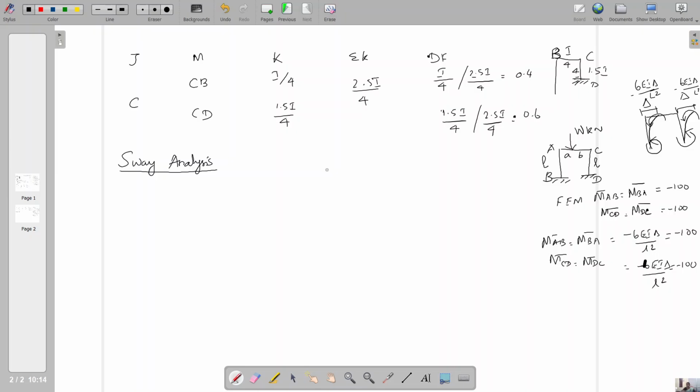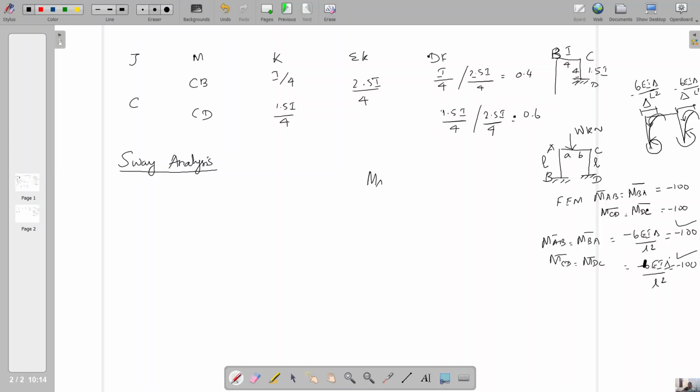In our case, the column lengths are unsymmetrical. One length is 6 meter, another column is having 4 meter. So we can't assume equal value of fixed end moment for the sway analysis. So for that, we can assume any one of the values as minus 100.